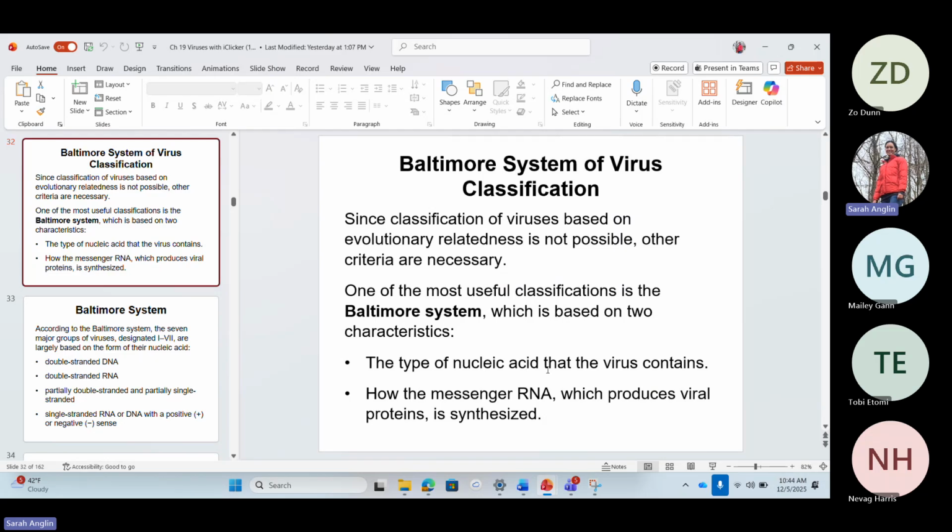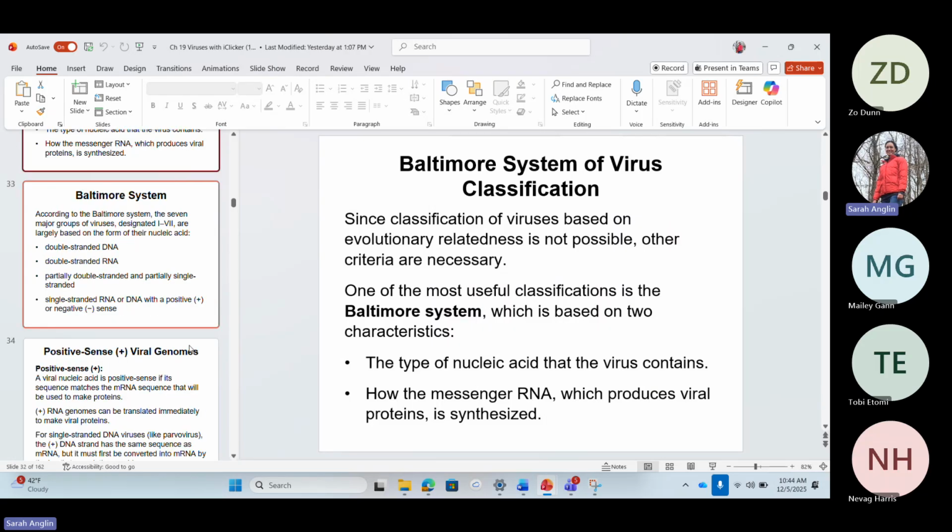The type of nucleic acid the virus contains: double-stranded, single-stranded, RNA, DNA, positive sense, negative sense. We're going to go over that too. Also, how the messenger RNA, which produces those viral proteins, is synthesized. That is regarding the positive sense and negative sense, particularly.